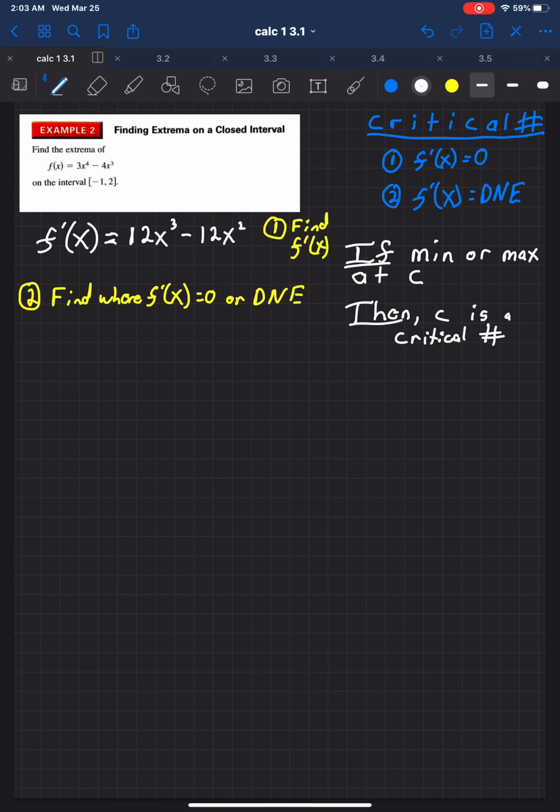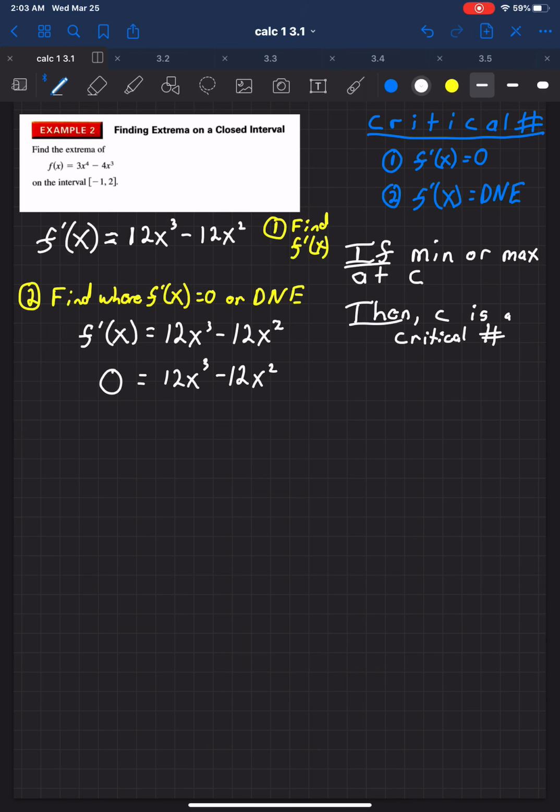All right, so let's start with when the derivative is equal to 0. So let me rewrite. I have f prime of x is equal to 12x cubed minus 12x squared. All right, so I'm going to set this derivative equal to 0. And I'm going to factor this, right? Listen, you've trained all your life with all these factoring techniques.